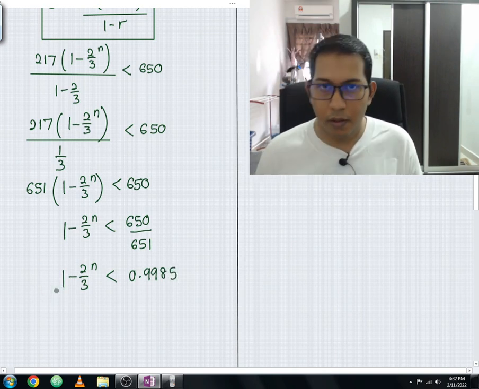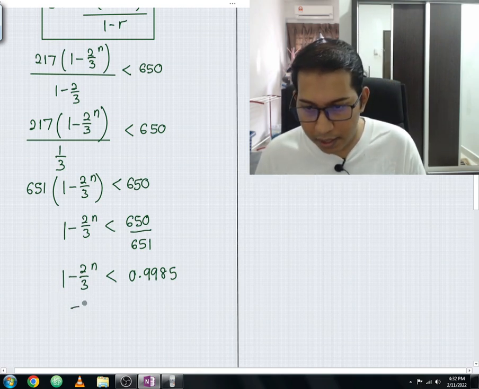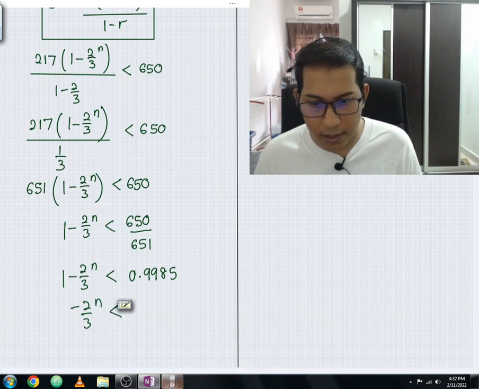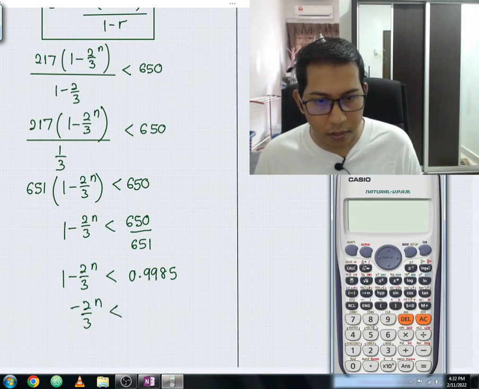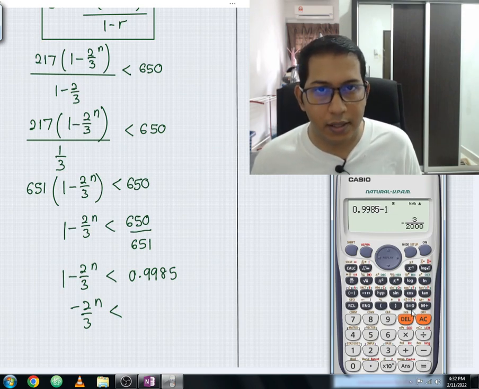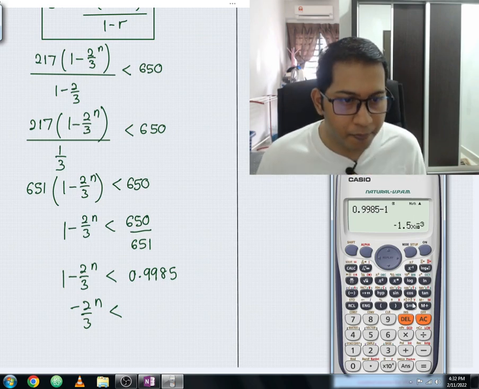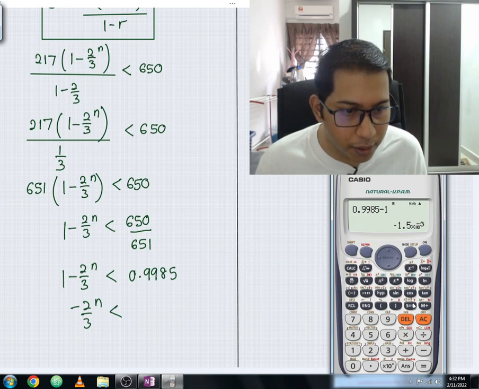This one from the left hand side, we'll move to the right hand side. So negative 2 over 3 to the power of n, less than, so let us perform the calculation. 0.9985 minus 1. If you want your answer in decimal, just click this.